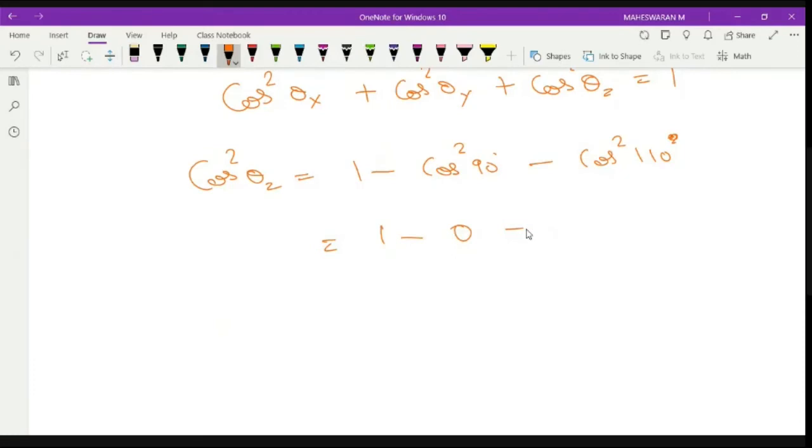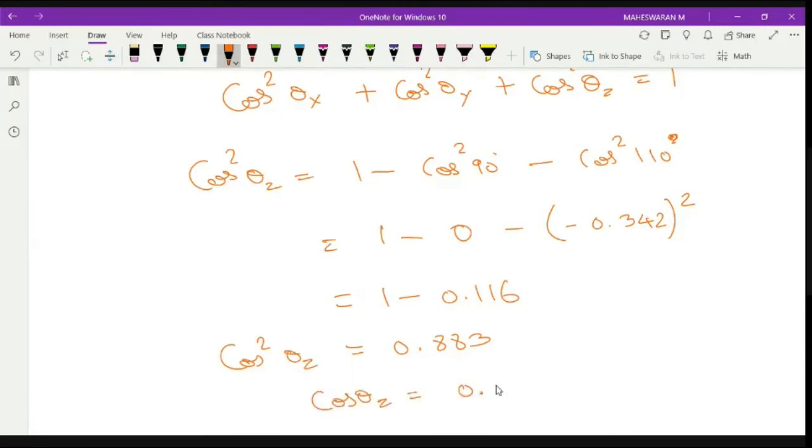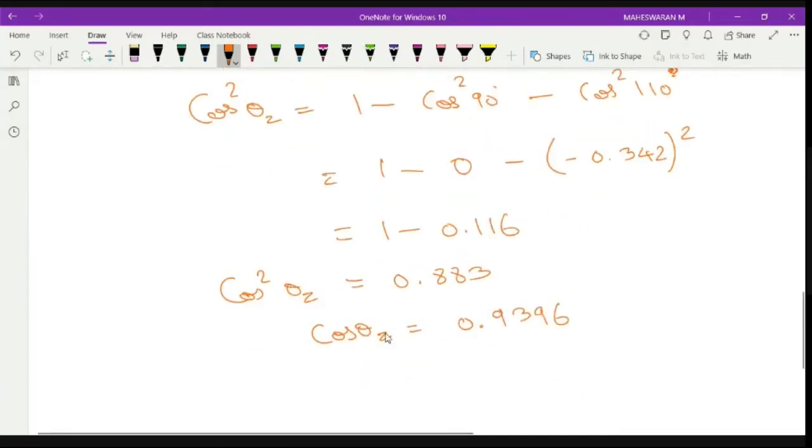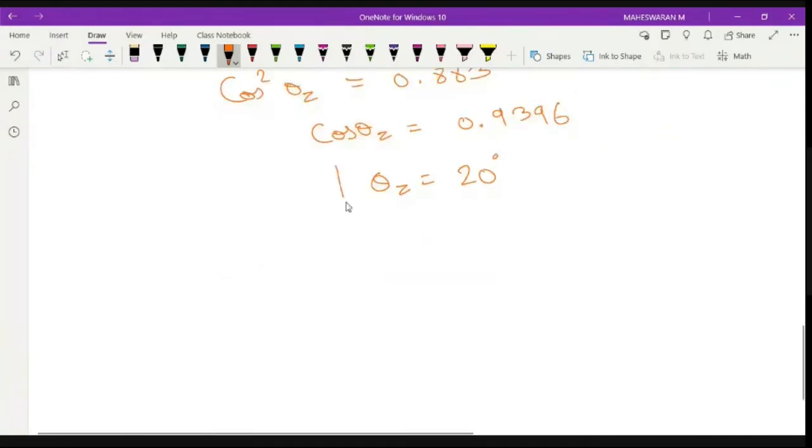What is cos 110? 0.342, the whole square, 0.883. So cos square theta z is this. What is cos theta z? You're getting 0.9396. In that case, theta z is cos inverse of this. You know how to take the inverse, so you identified the angle, which is 20 degree, right?